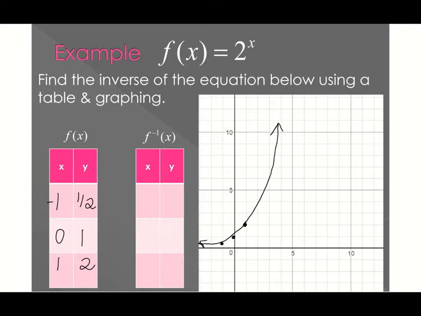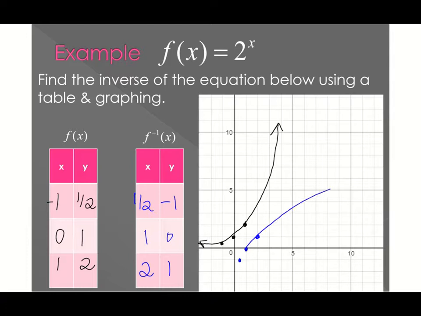If I want to find the inverse of 2 to the x, I just switch my x and y values. If I switch -1 and 1/2, I'd have 1/2, -1. If I switch 0 and 1, I have 1, 0. And if I switch 1 and 2, I have 2, 1. If I plot these points, I would be graphing my inverse. I have my first point at 1/2, -1, then 1, 0, and 2, 1.